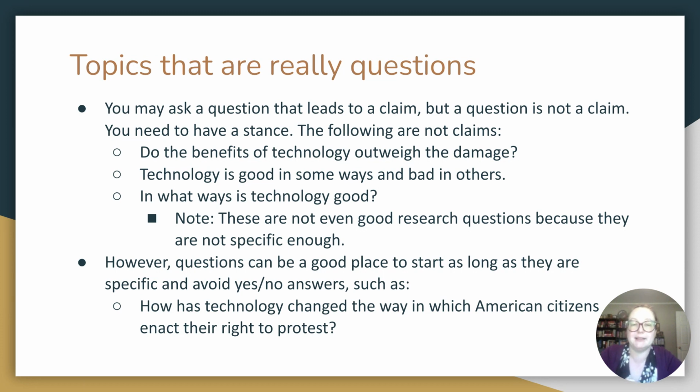And it's not good to get started with your research because you're just saying good or bad. So where are you going to go with that? What argument are you going to make with that, really? That it's either good or it's bad, or that it's both. And that's not really a claim.